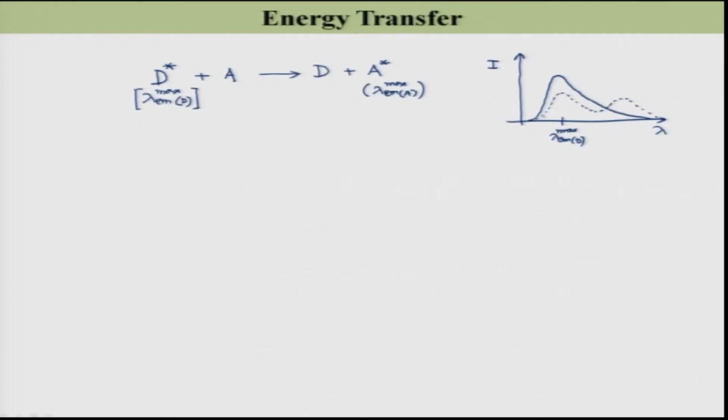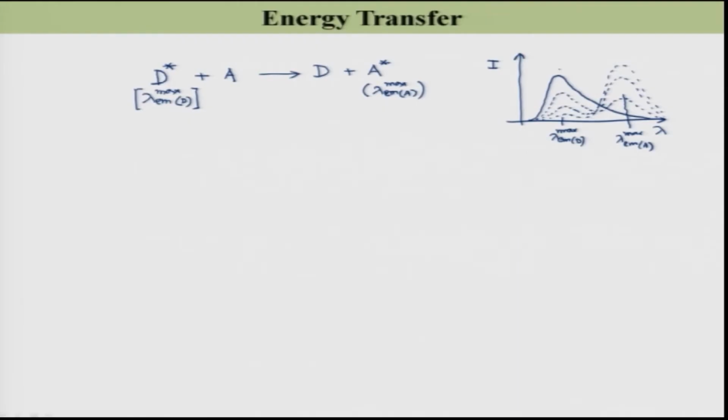If you add more A, this fluorescence will further decrease and the new fluorescence intensity will be much more, and if we add further, it will be something like this. So, this new emission maximum is because of A, not because of D. So, this is lambda emission maximum of A.